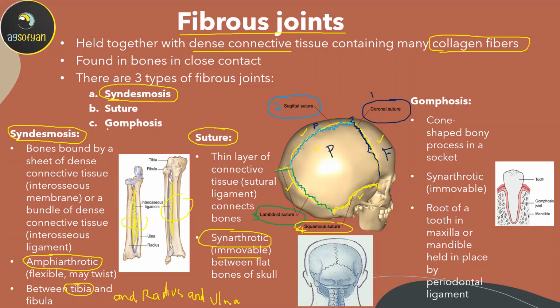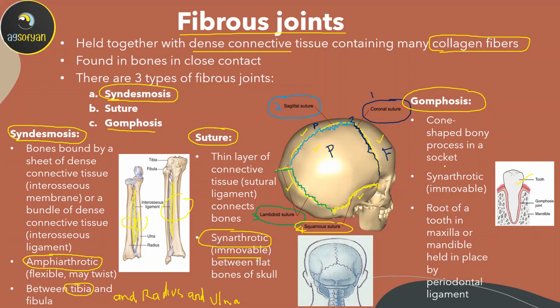Now the last type of fibrous joint is called the gomphosis. The gomphosis is a joint between a tooth and the bone, which is the upper jaw or the lower jaw.